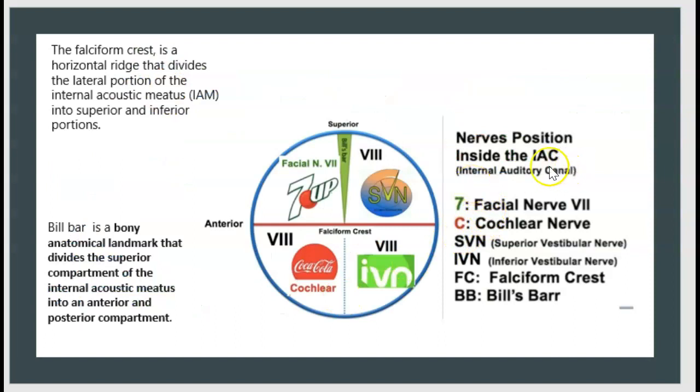Inside the internal auditory canal, the positions of the nerves are: facial nerve is 7, and the cochlear nerve here, and superior vestibular nerve is here, and inferior vestibular nerve is here. Notice the position of facial nerve, it's 7 up, and cochlear is here, like coca.